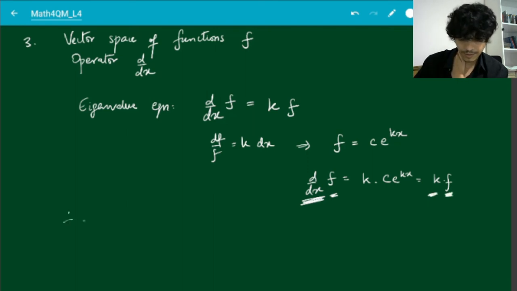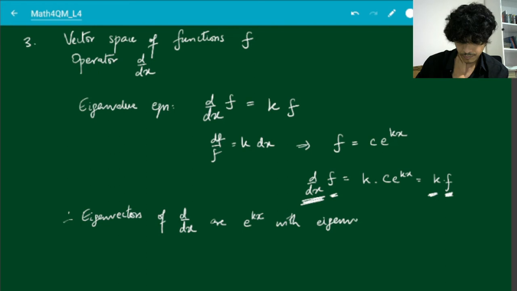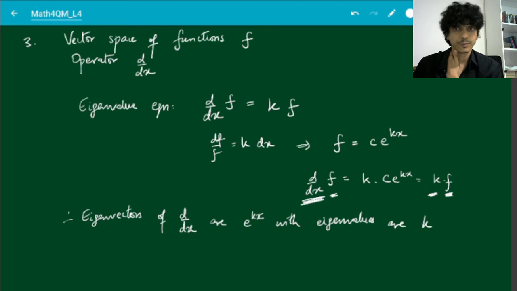So the eigenvectors of this operator are functions of the form e to the power kx, and the corresponding eigenvalues are these numbers k that are sitting in the exponent.